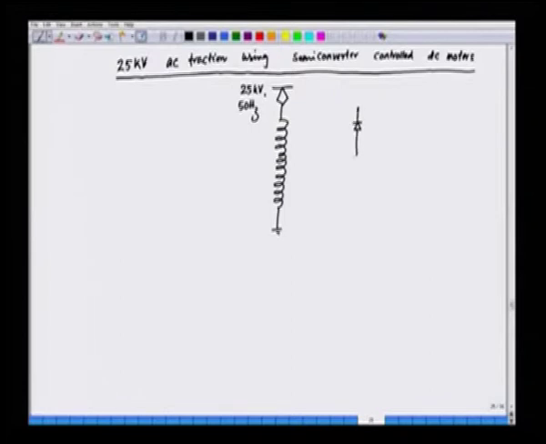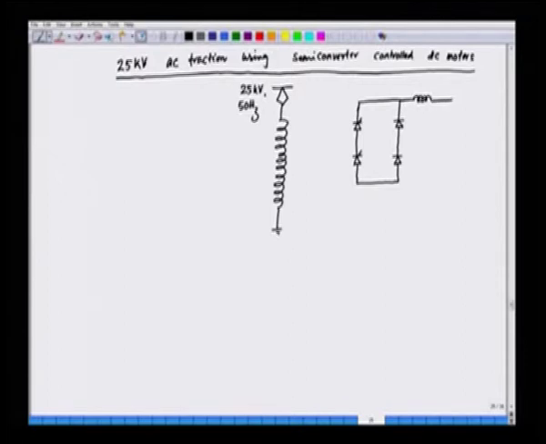By semi control converter we mean two of the devices are SCR and two are diodes. So, this is a semi control converter bridge.